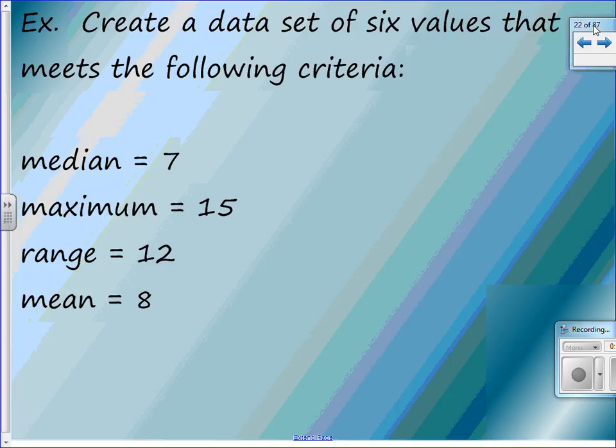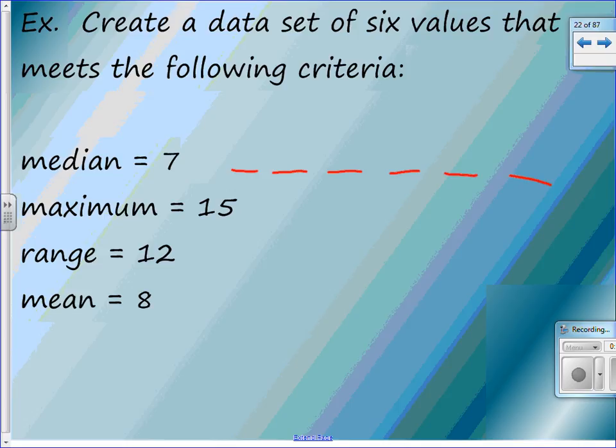Right? So does anyone have an idea of where we would start? Talisa? We would do the maximum first. Okay. And so in doing that, I'm going to put a line for each of the 6 data points just so I can fill in those blanks. So I'm going to say 1, 2, 3, 4, 5, 6.